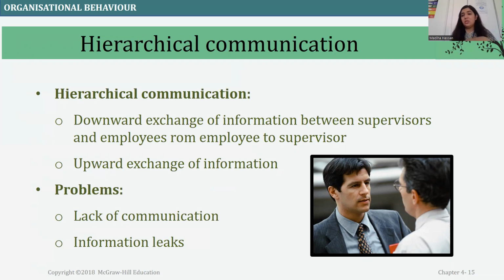So a target is coming to you that you have to achieve 80% of the targets, or increase sales. If it's physically not possible, you will not be able to tell them, because it's just coming to you and you are not able to communicate your problems with that, and information leaks can happen as well.